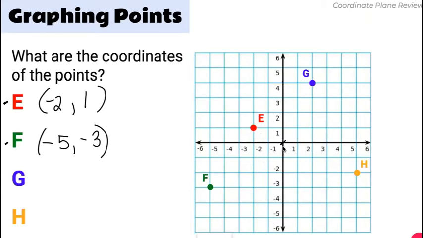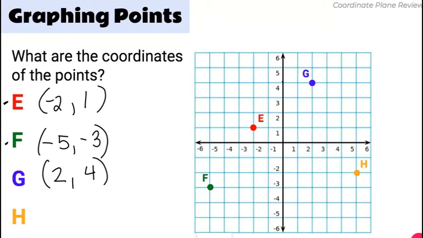So our x-coordinate, to get to G, I would have to move 2 to the right. So that makes my x-coordinate 2. And then I go up 1, 2, 3, 4. So my ordered pair would be 2, 4.